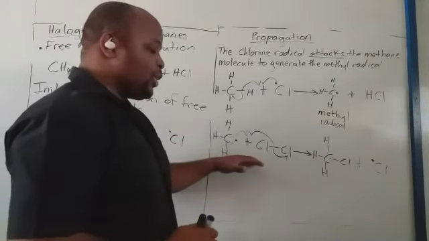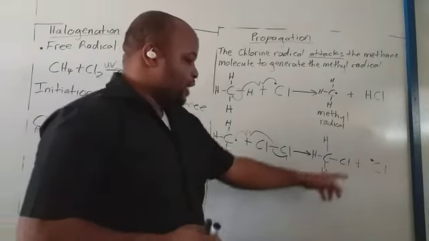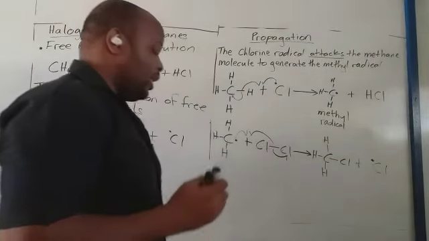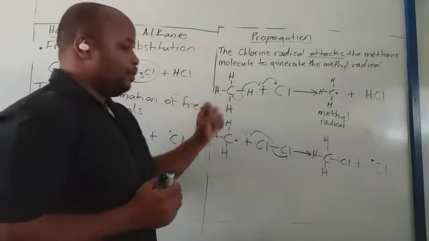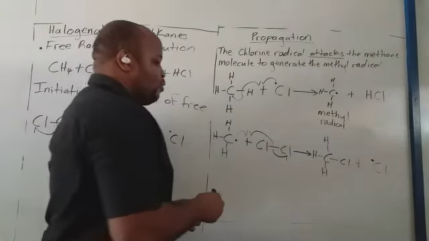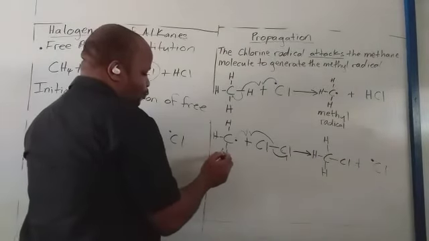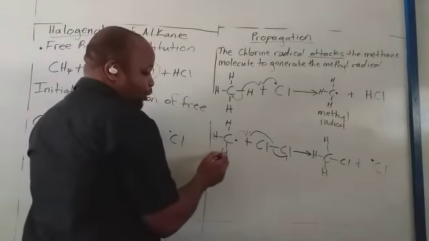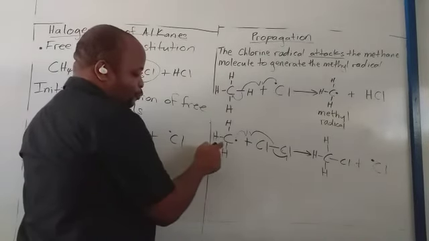Now the reaction doesn't have to stop here, because this chlorine radical can come again and do back this very same step. So this chlorine radical could come and remove a next hydrogen to generate a next radical.